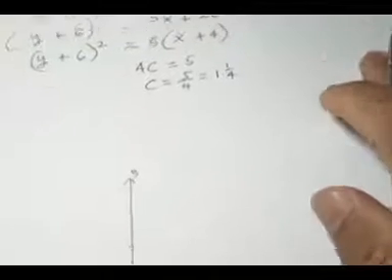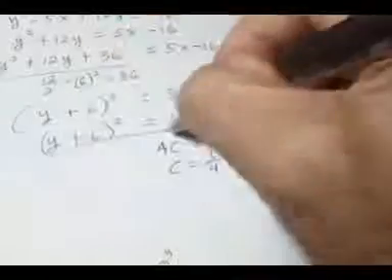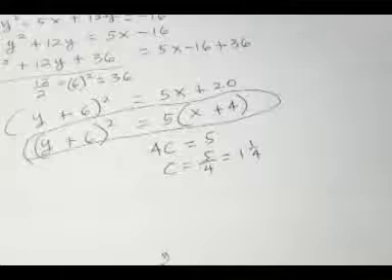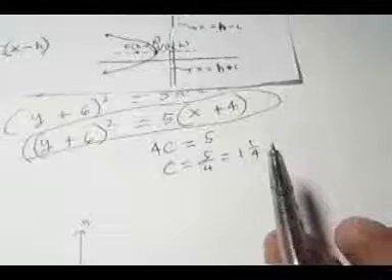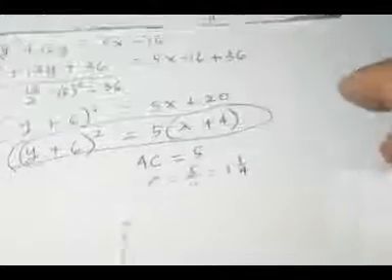Okay, so the standard equation of the parabola is this one, and the squared term is y. Here is our standard equation. The squared term is y, so the parabola opens to the right. Let us start with the vertex.